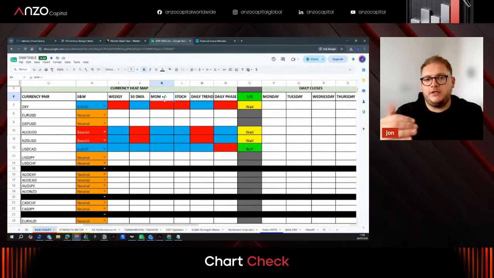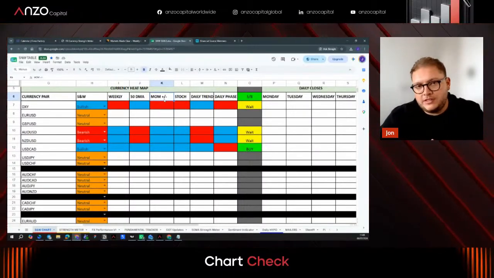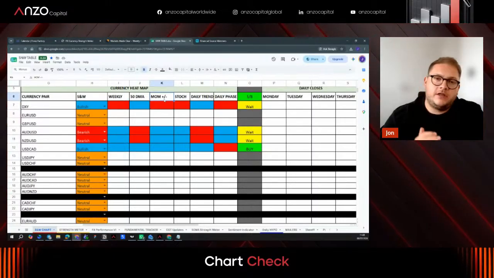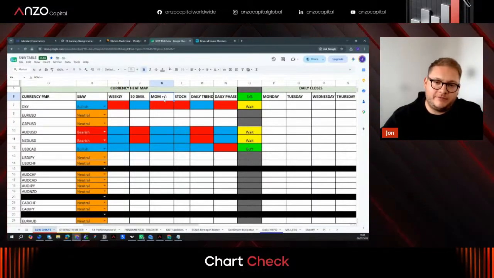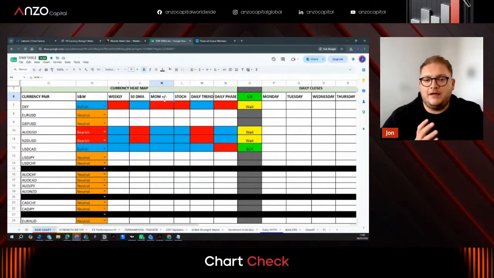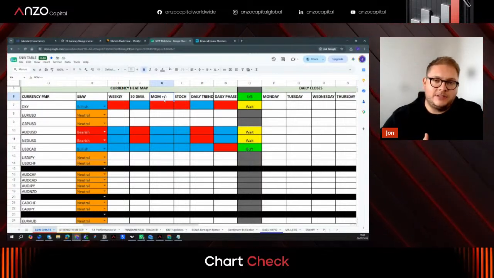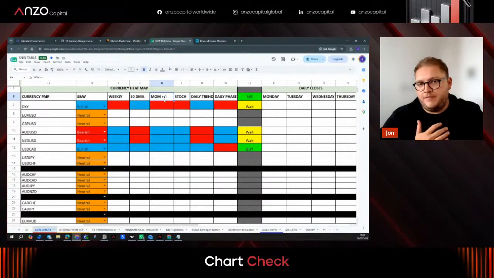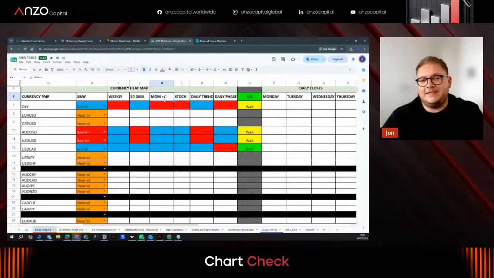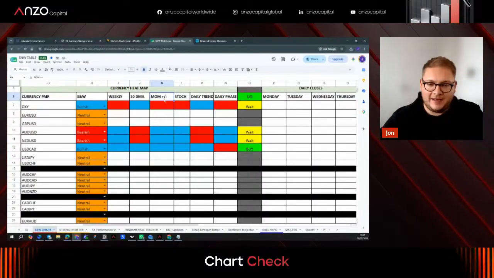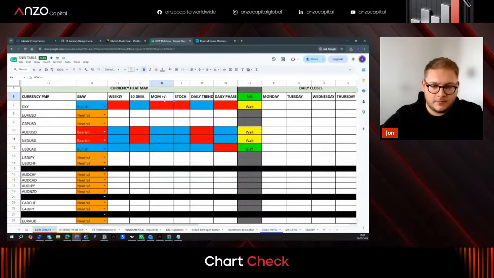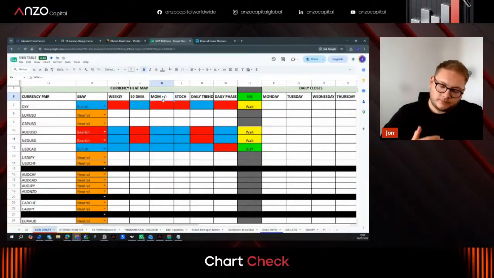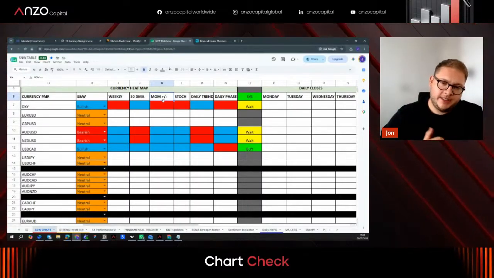So is price closing back towards that 50-day moving average, or is it closing away from it? Let's say on Friday, pound Aussie closed bullish above the 50-day moving average. That means that momentum is going away from that average. So it's bullish. If it was closing towards the 50 moving average, it's bearish.